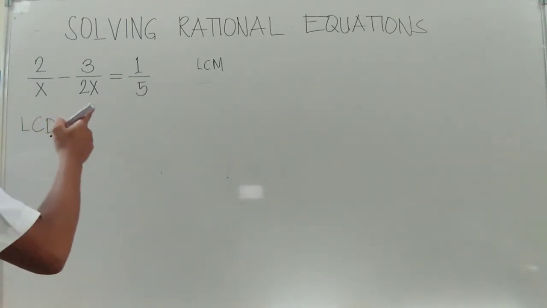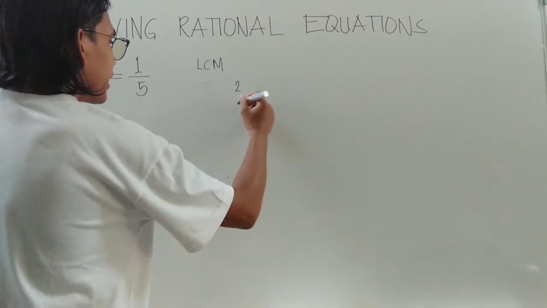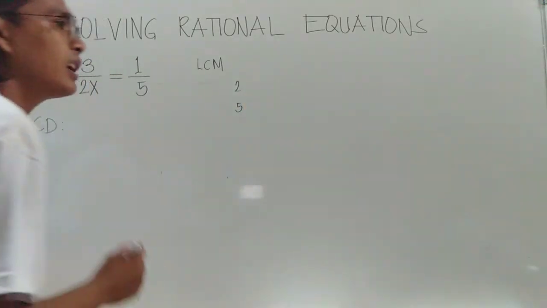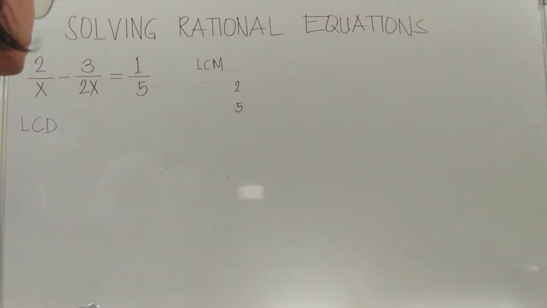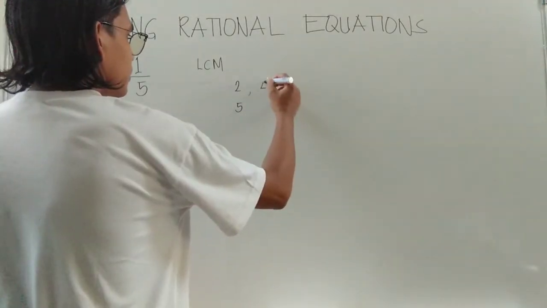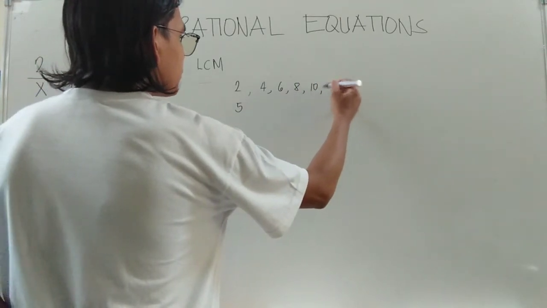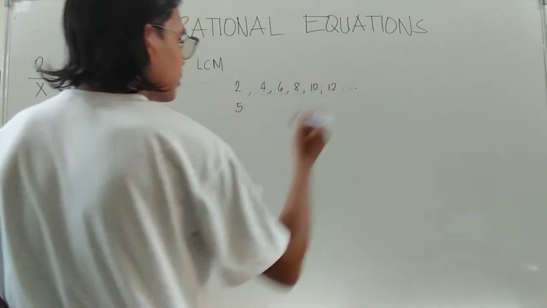Let's get 2 and 5. The multiples of 2 are 2, 4, 6, 8, 10, 12, and so on.